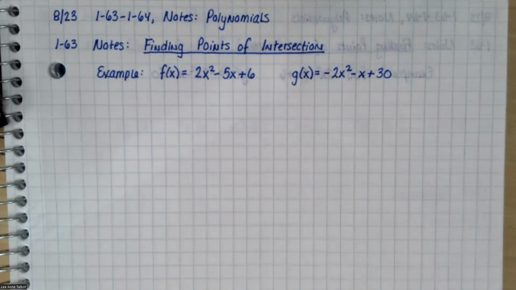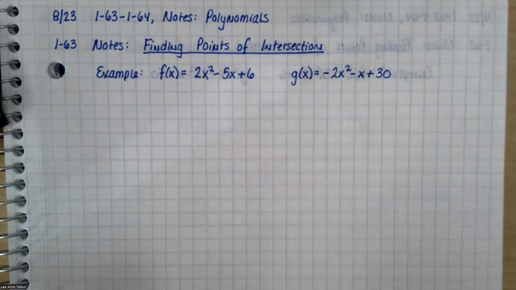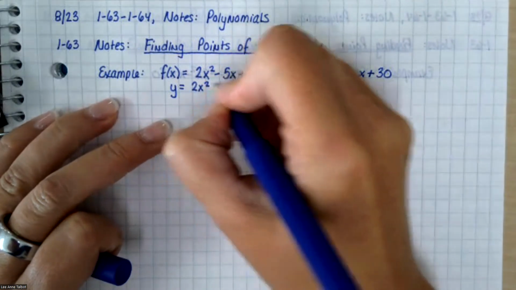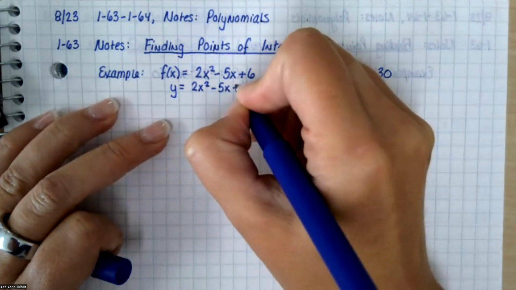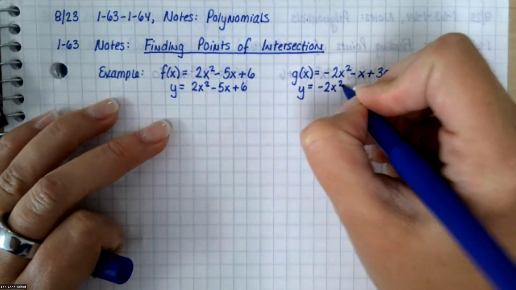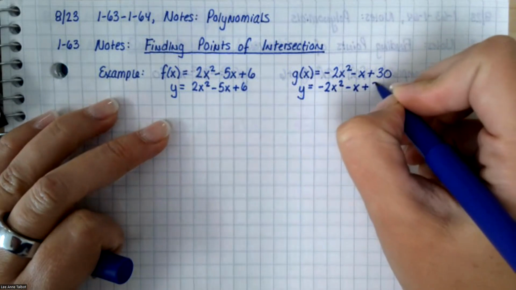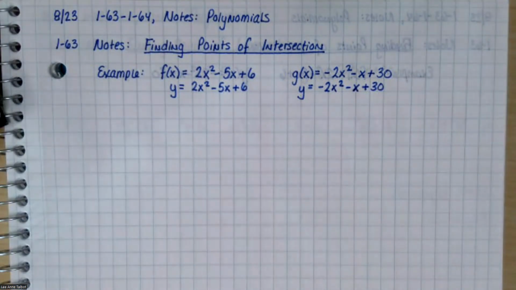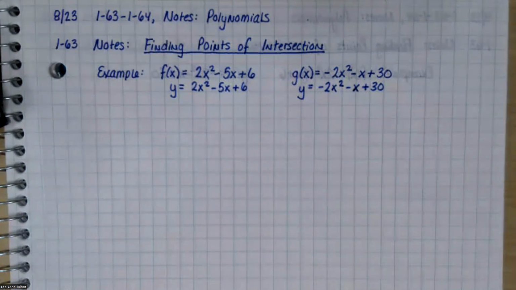I'm never ever going to do this again, but just this one moment, I'm going to rewrite this. I'm hoping that every time you see me write f of x, you realize that can be interchanged with y.